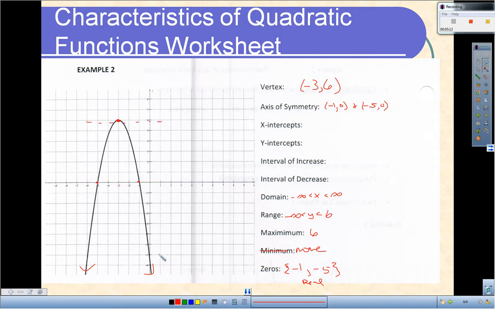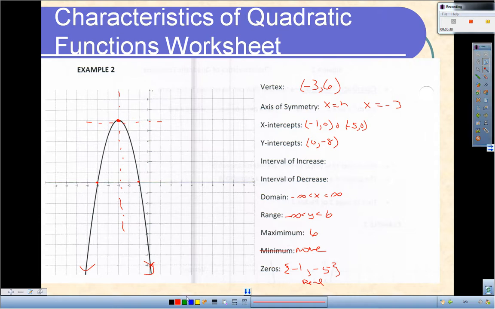My y-intercept, it does have a y-intercept right here at negative 8, so my y-intercept is at 0, negative 8. My x-intercepts are at negative 1, 0, and negative 5, 0, and my axis of symmetry, which I put in the wrong spot, is x is equal to h, or in this case, x is equal to negative 3, because if I drew a vertical line there, that's my line of symmetry.